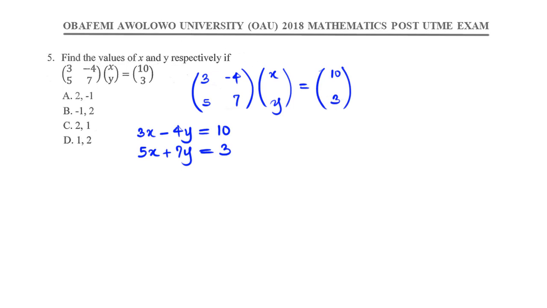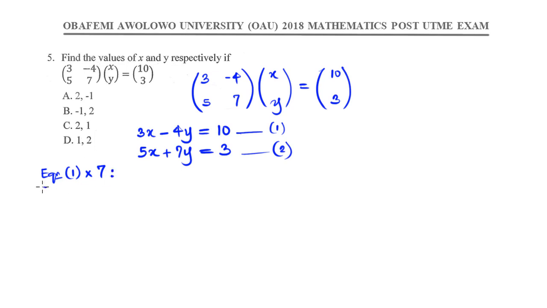So we can say the first one is equation 1 and the second one is equation 2. Now, for me, I want to employ the elimination method. I'm seeing that I have minus 4y and plus 7y. If I multiply the first equation by the coefficient of y in the second equation, which is 7, I will multiply each entry so that y, I'm going to knock it out.